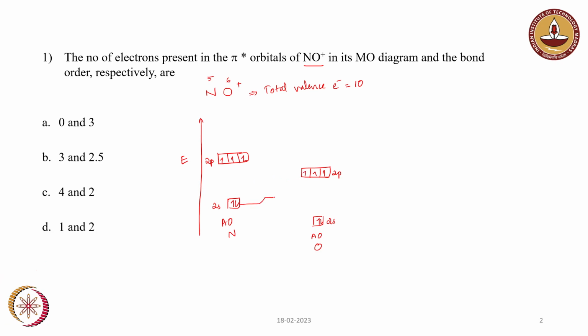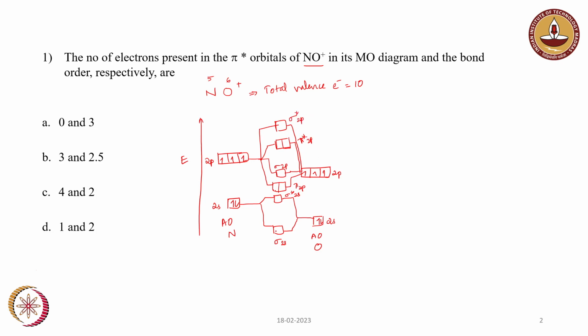So let's draw the molecular orbitals. So, sigma 2s, sigma star 2s, pi 2p, and sigma 2p, pi star 2p, and will be sigma star 2p.